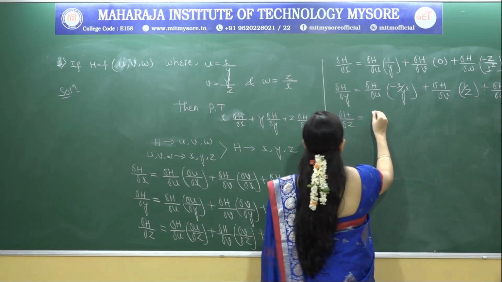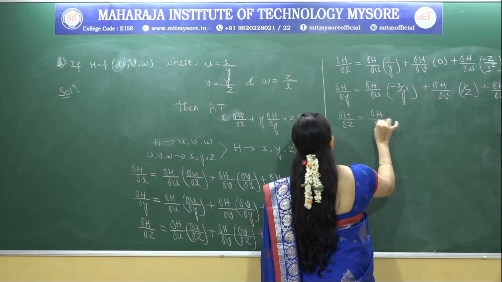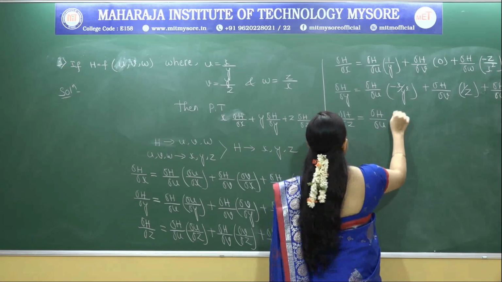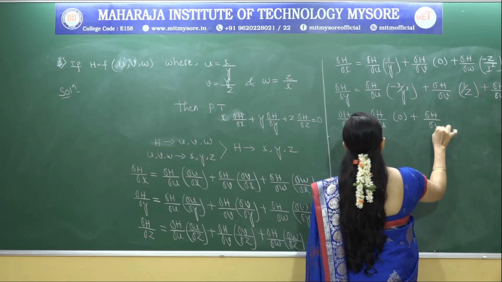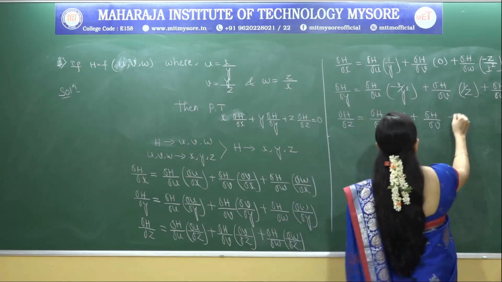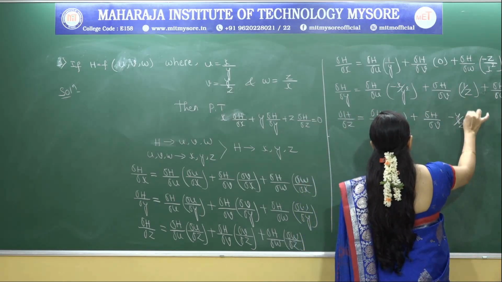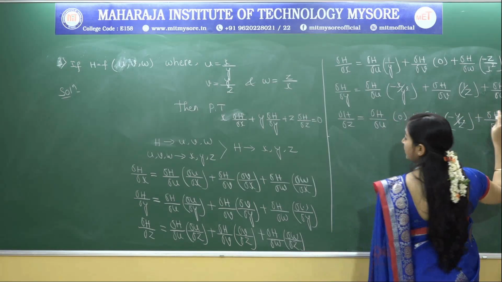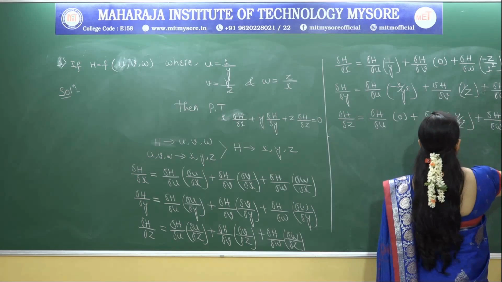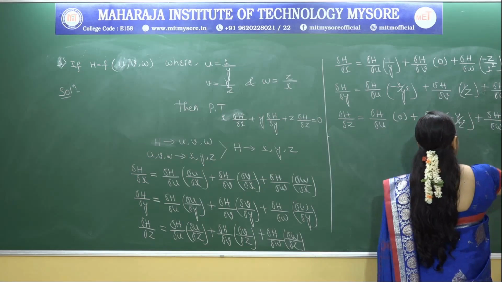Similarly, the last part, it is del H divided by del U, U with respect to Z is 0, del H divided by del V, V with respect to Z, minus Y by Z square, del H divided by del W, W with respect to Z, it is 1 by X.